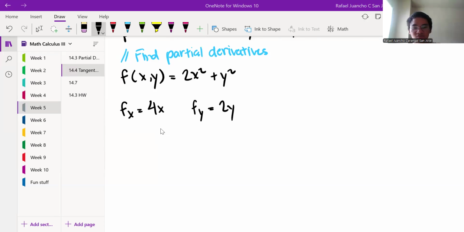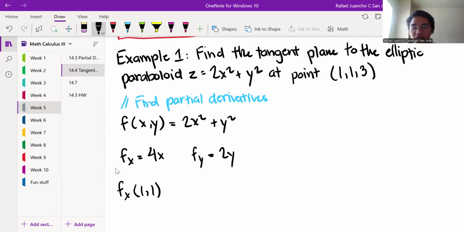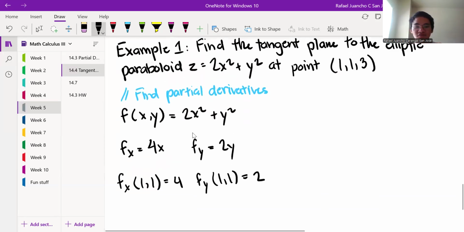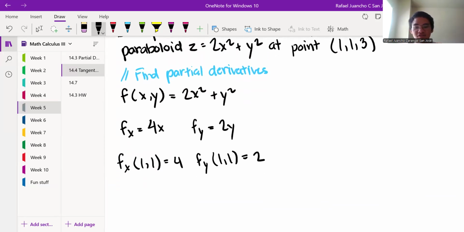And then if we plug in what we know, so we plug in the 2 points, our x and y, so 1, 1. Here we get 4 times 1, we get 4. And then for our y, well, we get 2. So easy stuff, right? This is, I think, one of the easiest stuff, taking partial derivatives. And we get the slopes at these particular points. And then from there, we're done.